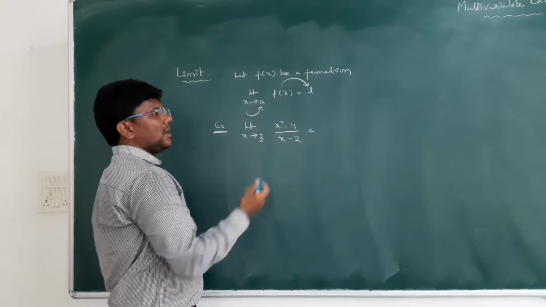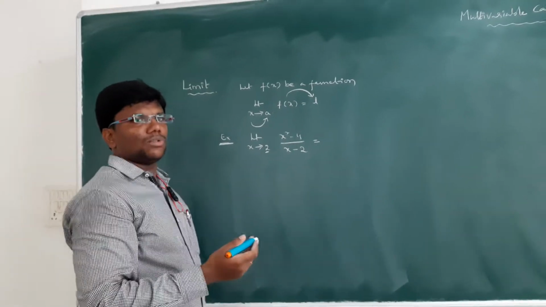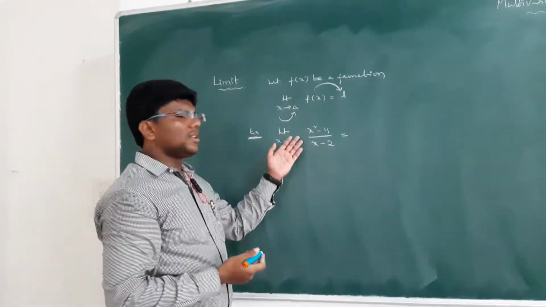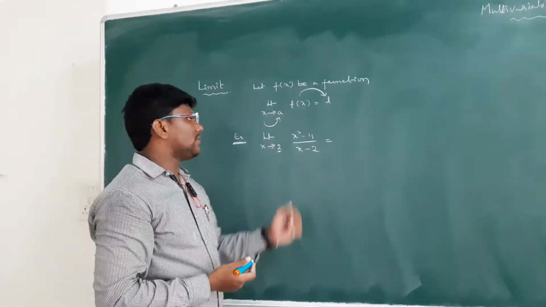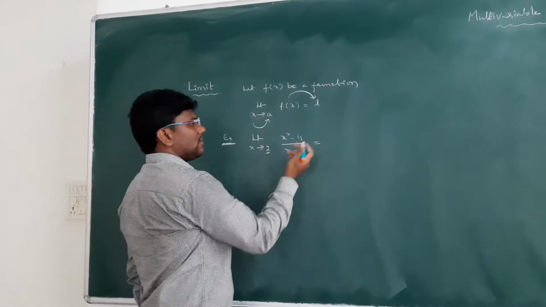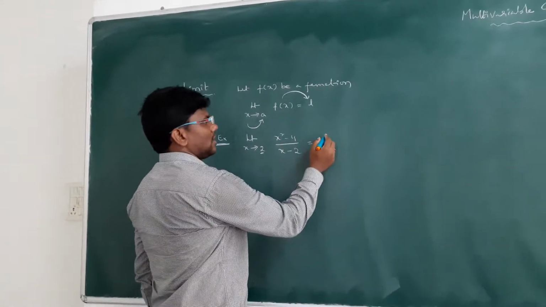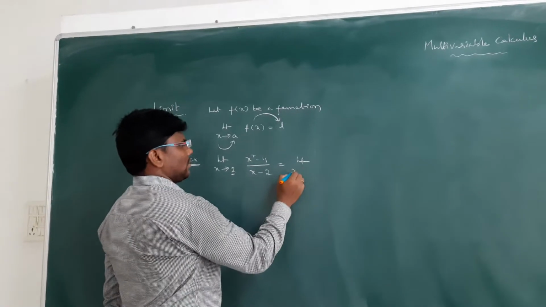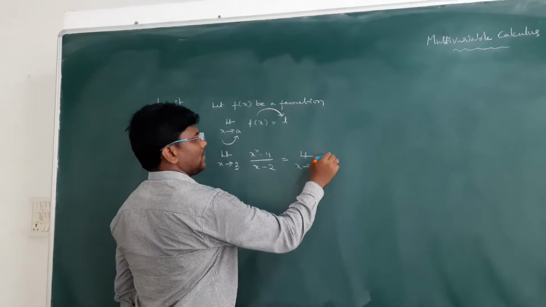We can apply L'Hospital's rule and find the derivatives, where the derivative of x square is 2x. Or, if the formula is applicable, we can apply the formula.